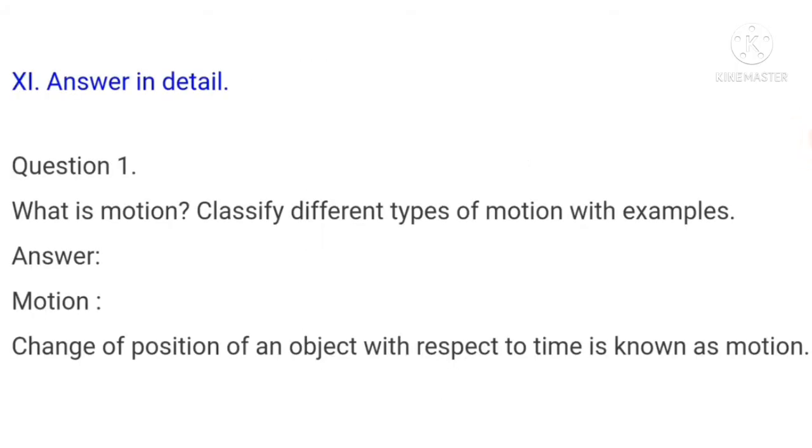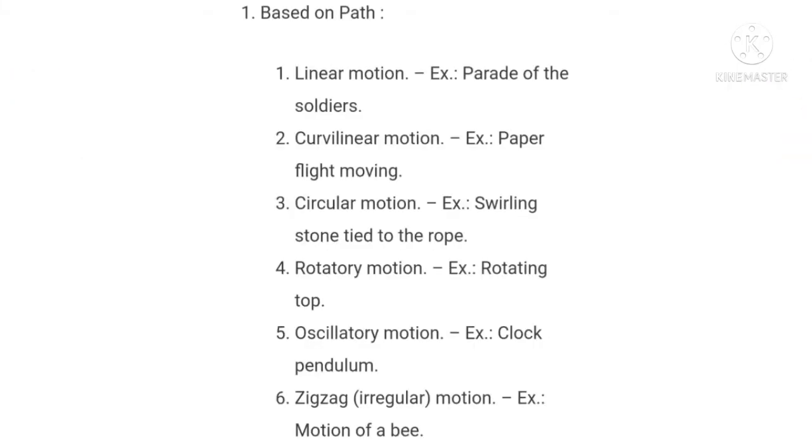Answer in detail. First question. What is motion? Classify different types of motion with examples. Answer. Motion. Change of position of an object with respect to time is known as motion. First, based on path. Linear motion, example, parade of soldiers.